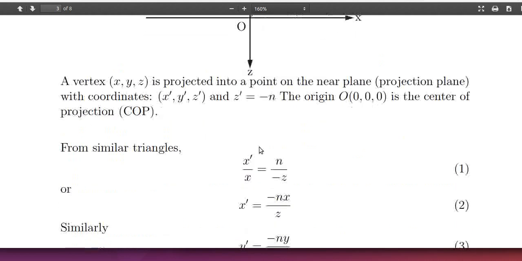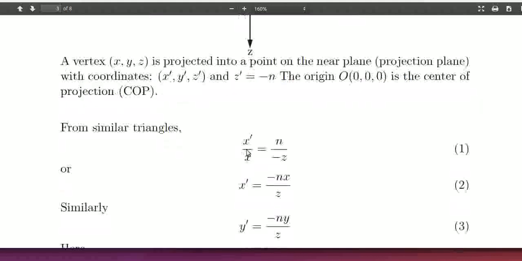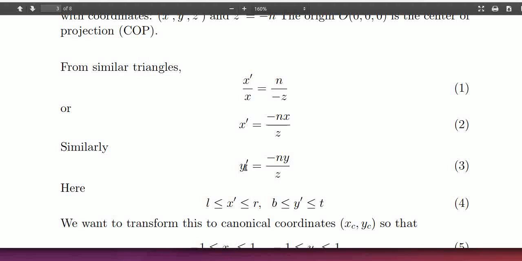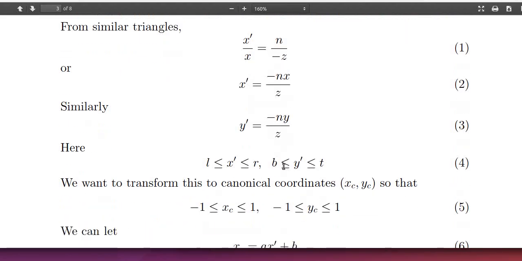So it is given by this formula: x dash over x equals n over negative z, or x dash equals x times negative n over z. Similarly, y dash equals negative n times y over z. We know that x dash needs to be within the range L and R, and y dash needs to be within B and T.